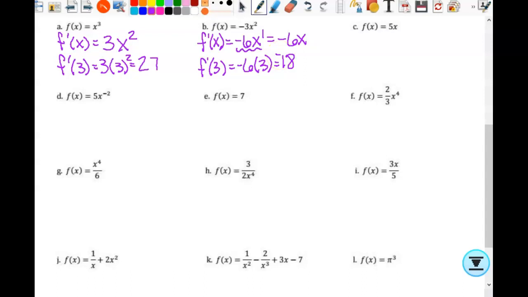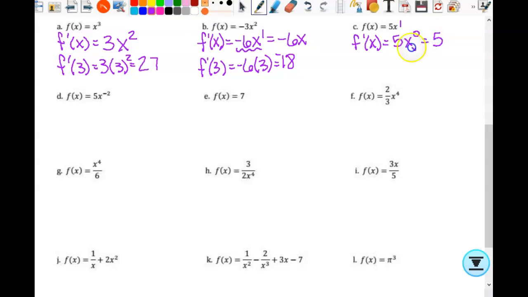Everybody understand how that works? Okay. So then for f prime of x on c, what do you think the derivative is? What's the exponent on the x? 1. So I do 1 times 5, which is 5, times x to the 0 power, right? What's x to the 0 power? 1. So this is really just 5.